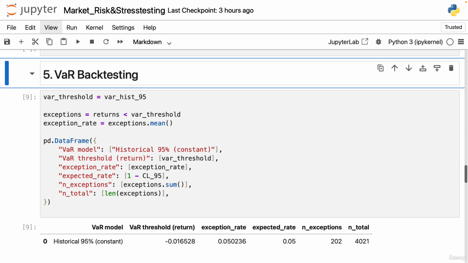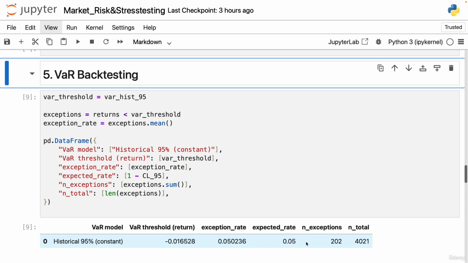In this case, the observed exception rate is approximately 5.02%, which is extremely close to the expected 5%. This tells us that in terms of frequency, the VaR model behaves largely as intended.